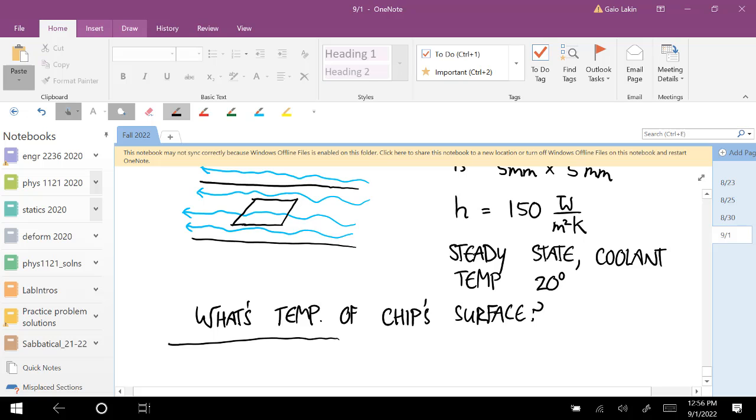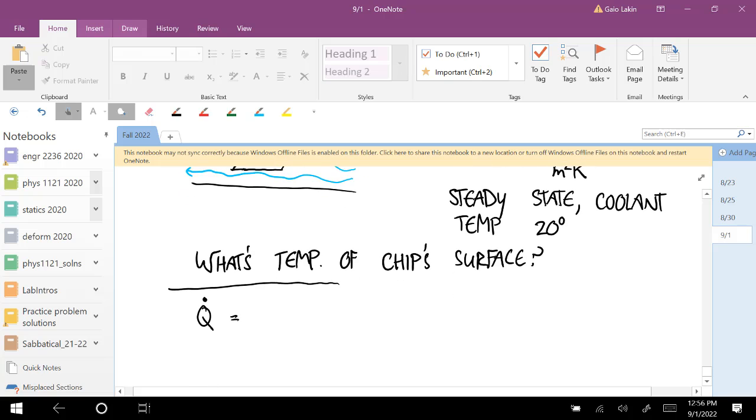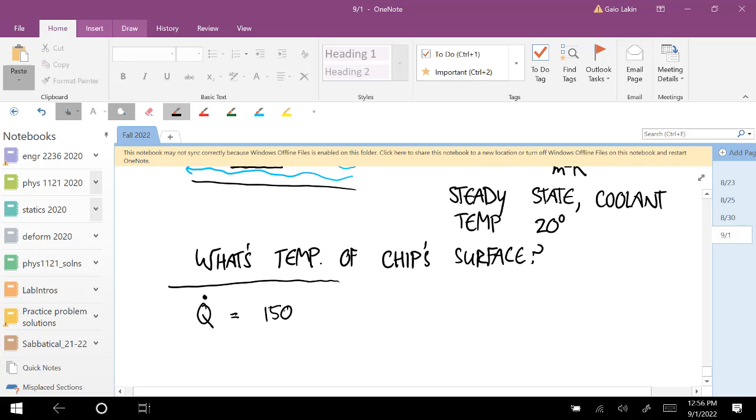Okay, we're not going to solve for the same variable we did before, but we have the same system of equations to solve. So let's first look at the equation for convection. Q dot is equal to 150 times, in SI units, 25 times 10 to the minus 6. That's the area that's exposed.